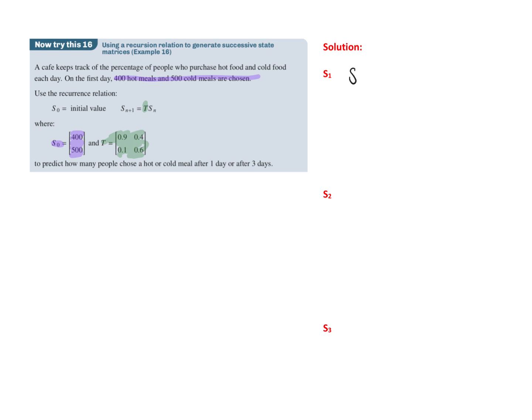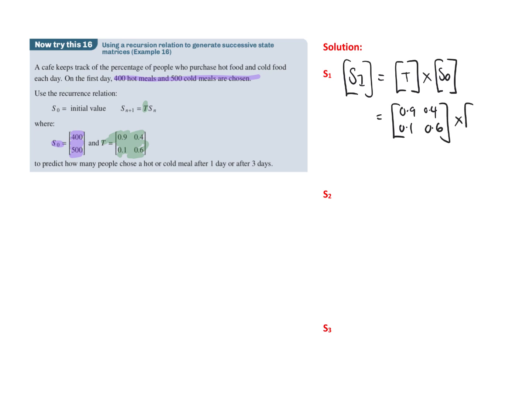Now, S1 is going to equal the transition times the one before, which would have been the beginning, S0. So I'm just going to write the transition out once because this is our notes, in case we go to refer to it. And S0 is 400 and 500.